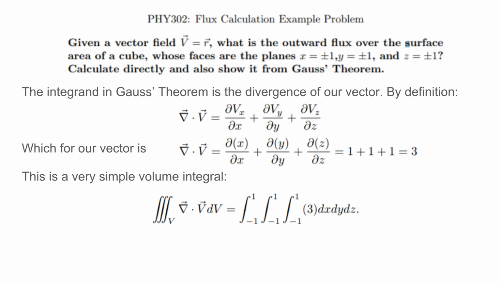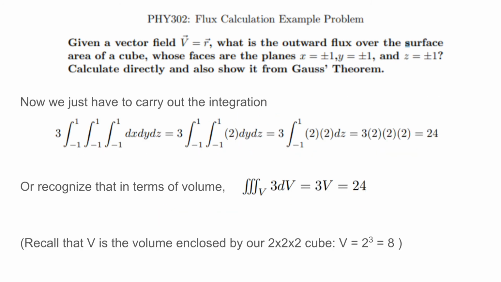We plug in 3 for our integrand, and it becomes an integral with all coordinates going from -1 to 1 of 3 dx dy dz, or 3 dv in terms of volume. We can carry this out coordinate by coordinate: dx evaluated at those limits becomes 2, and the same for y and z, so it's 3 times 2 times 2 times 2, which is 24.